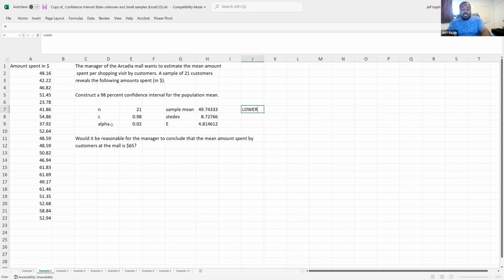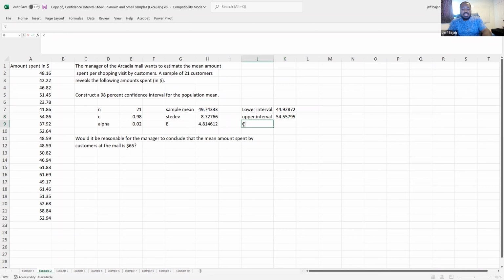And then we do our lower interval, and then we'll do our upper interval. So as always, it's going to be our sample mean minus the margin of error, and our sample mean plus the margin of error.